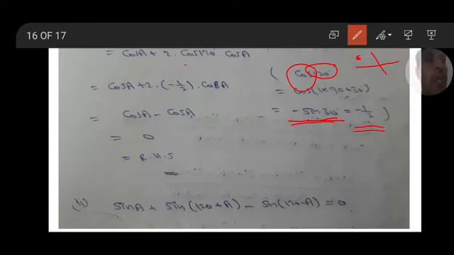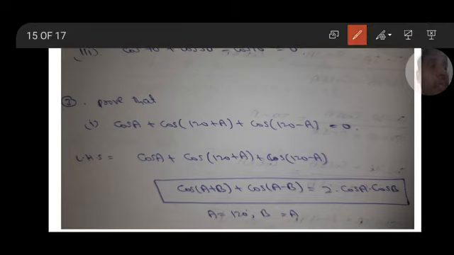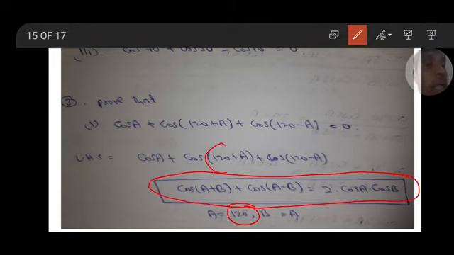So substitute cos 120 value as minus 1 by 2. This 2 cancels. We get minus cos A. Cos A minus cos A equal to 0. Therefore it is RHS. Here we used the formula cos of A plus B plus cos of A minus B equal to 2 cos A cos B, where A equal to 120 degrees and B equal to A degrees.